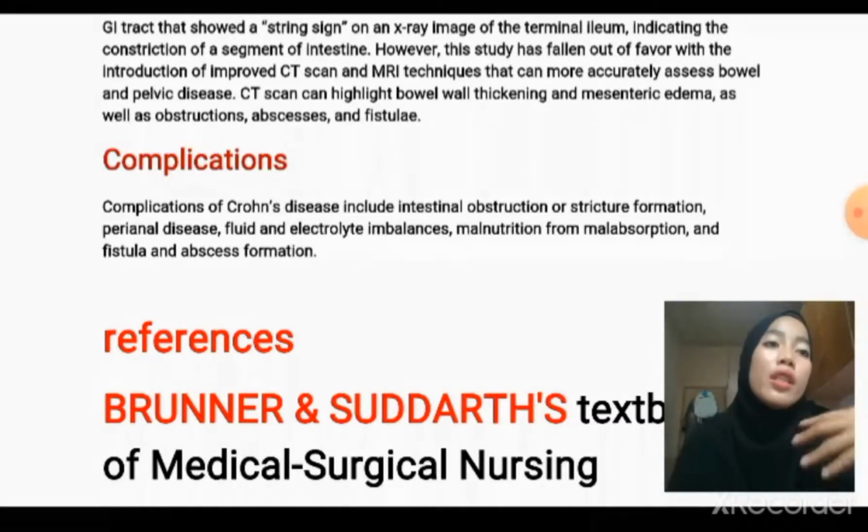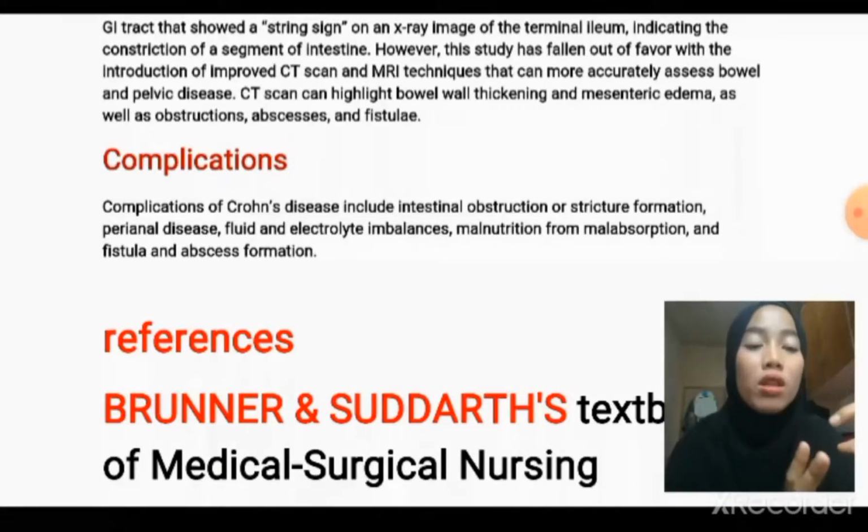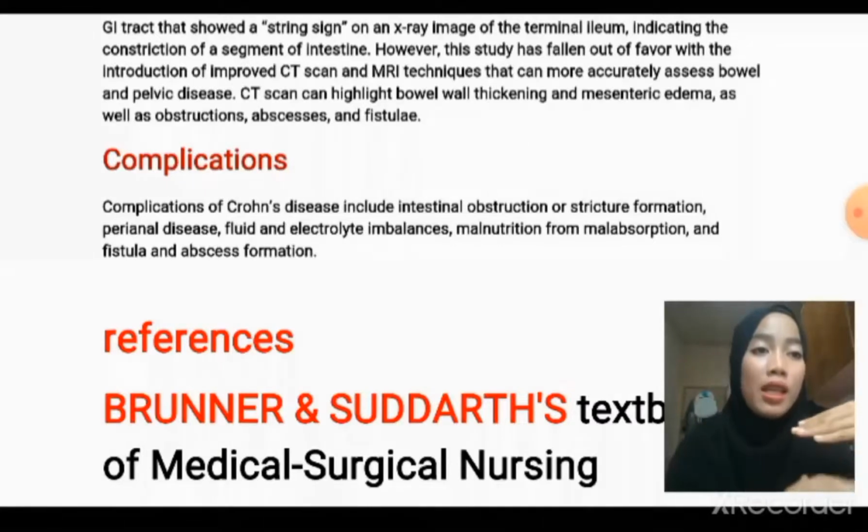The result is thickening of the bowel wall and a narrow intestinal passage.